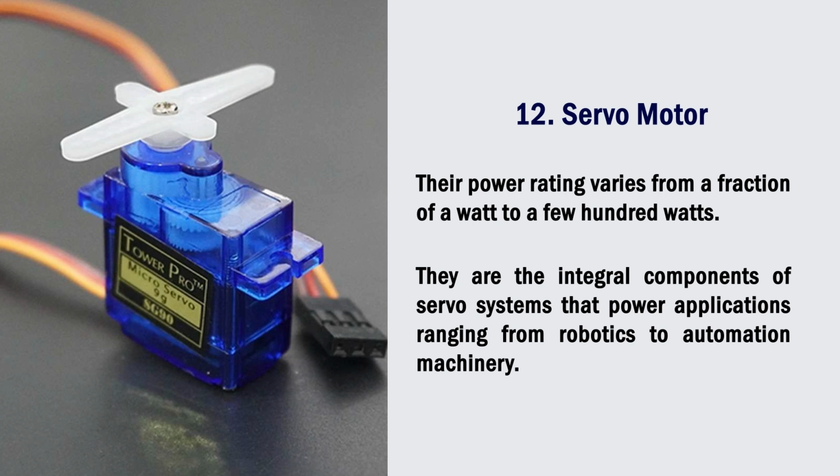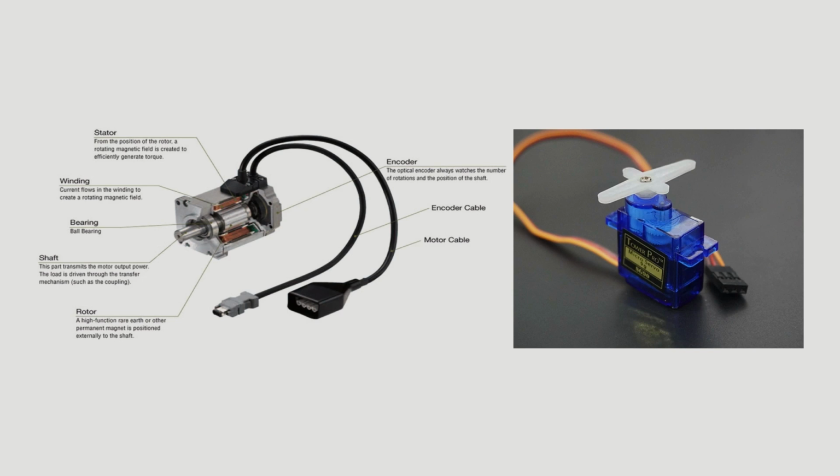They are the integral components of servo systems that power applications ranging from robotics to automation machinery. As we can see in different applications in robotics or home automation, various movements are required. In that, the rotational motions are provided by the servo motors, and those systems are called servo systems.